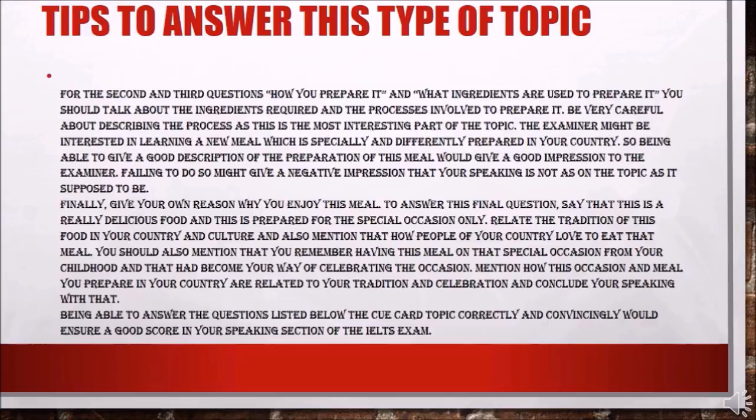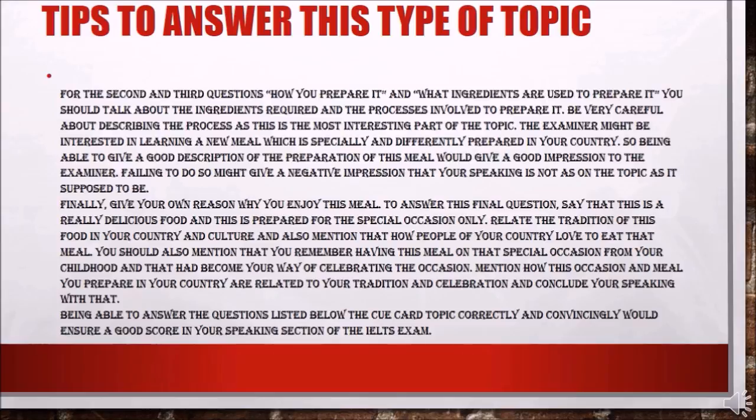Finally, give your own reason why you enjoy this meal. To answer this final question, say that this is a really delicious food and this is prepared for the special occasion only. Relate the tradition of this food in your country and culture, and also mention how people of your country love to eat that meal.